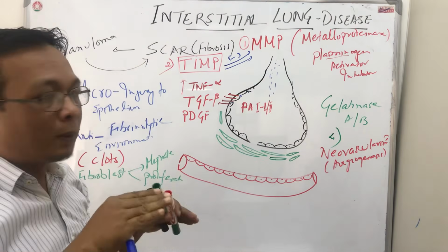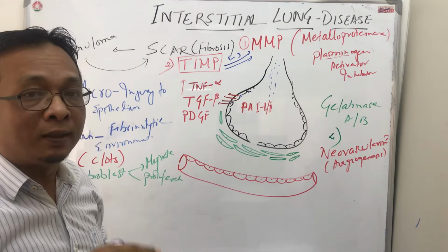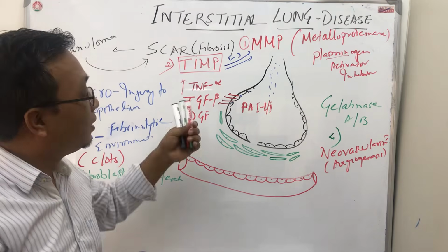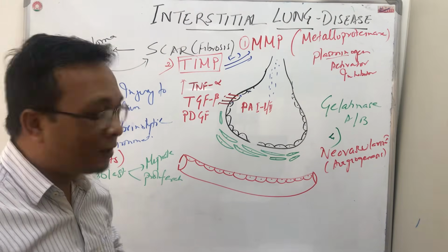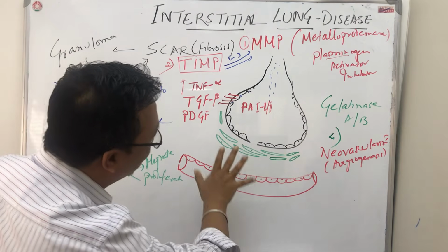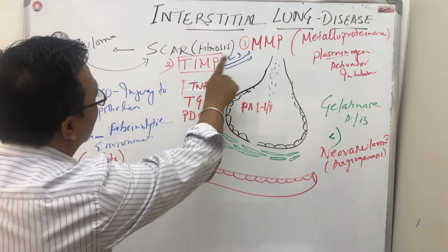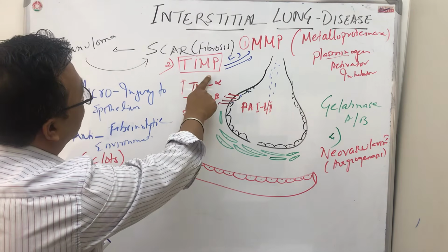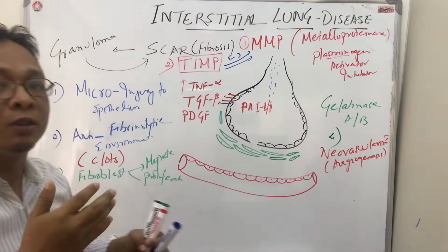There is a proper balance so that angiogenesis is maintained at a normal level, and it only occurs whenever our body needs it. Here, when the inflammation process has started, this balance between the tissue inhibitor metalloproteinase and the MMP metalloproteinase enzyme is lost.